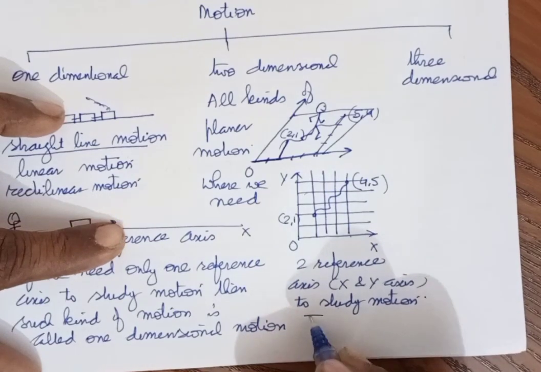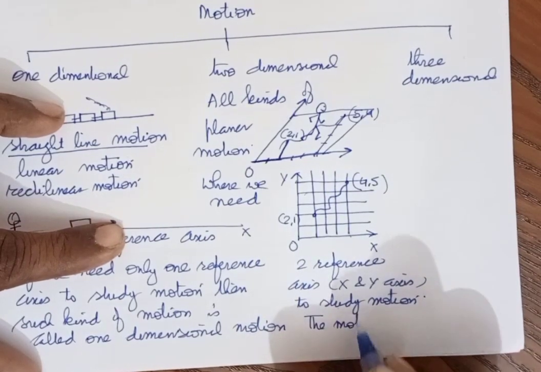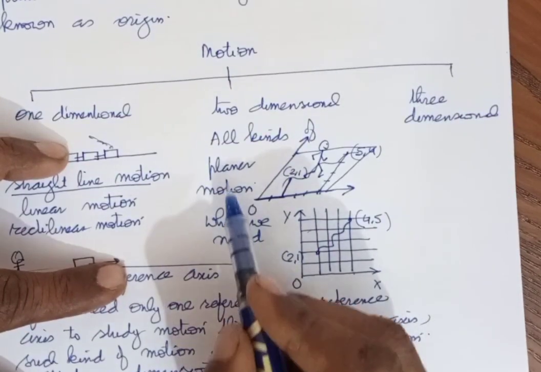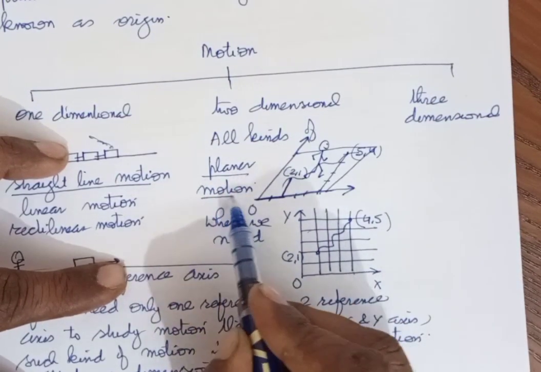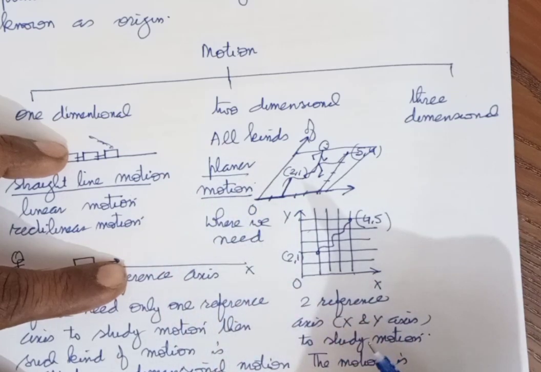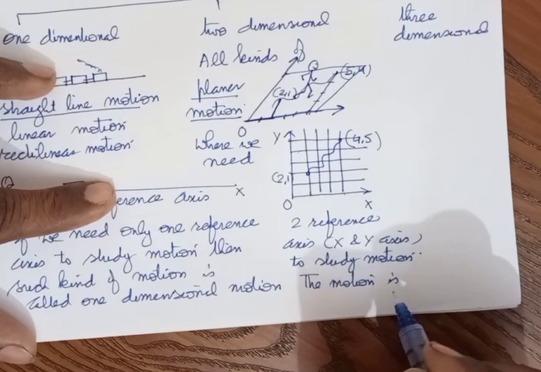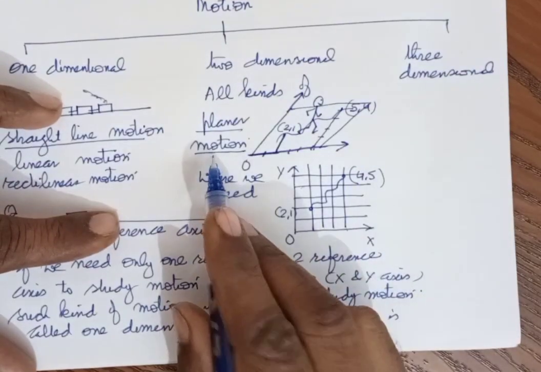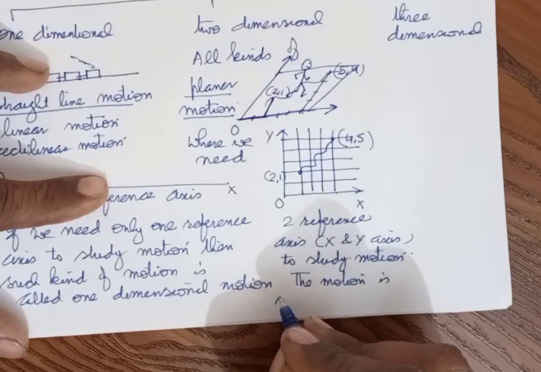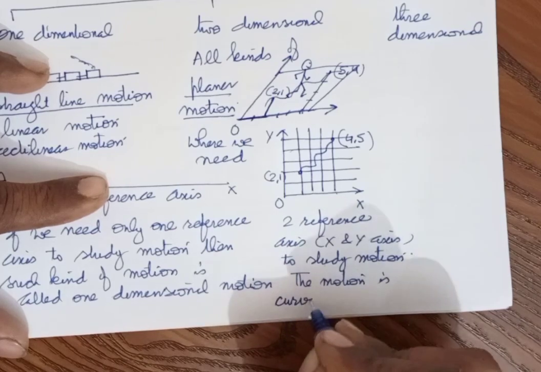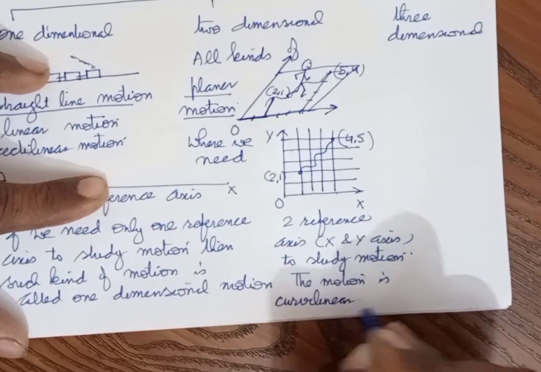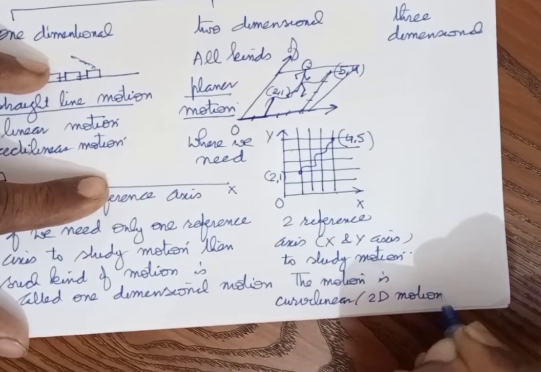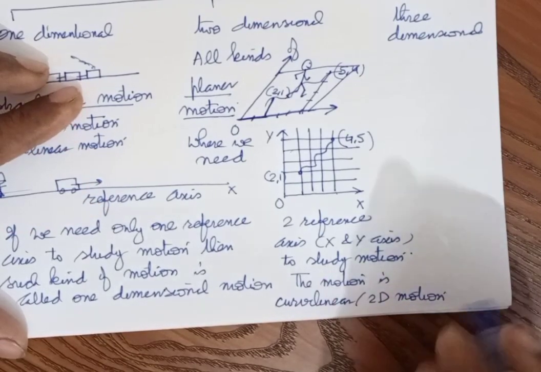First, we have said it is a planar motion. Second, we have said that the motion is 2D motion. Planar motion, this motion is curvilinear or 2D. Because it is two-dimensional motion, we will say 2D motion.